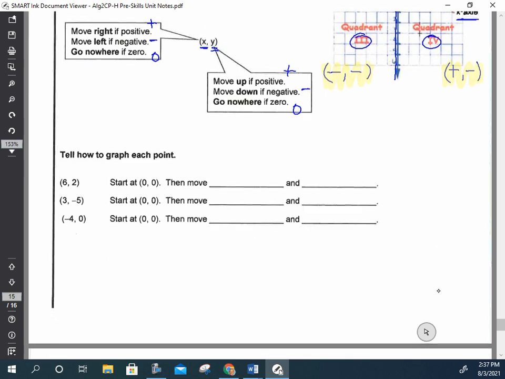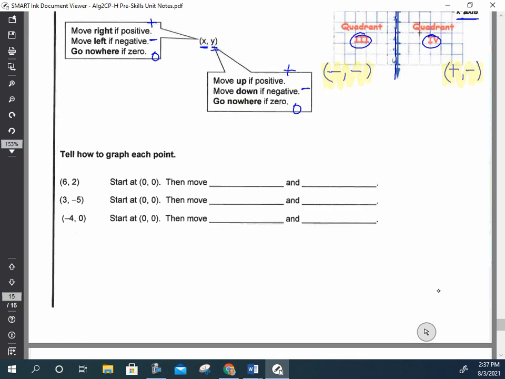So just a little practice of basic identifying. 6, 2 means you would start at 0, 0. Since you have a positive 6, you would move to the right 6 before going up 2 units. Right 6, up 2.